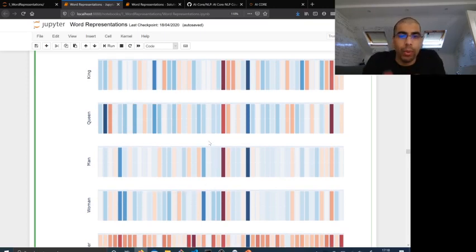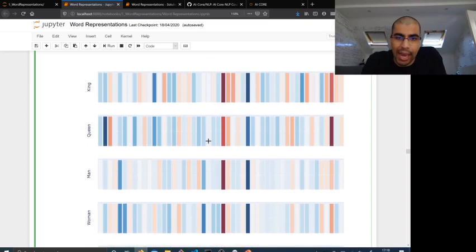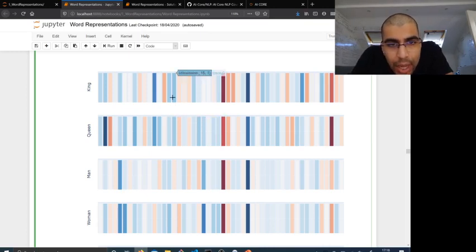We know what they represent, but we're looking here to see how the computer knows what they represent. So let's see if we find anything which is common between king and queen, but not in man and woman. Okay, so here, dimension 15, we see that these vectors are quite similar to each other. So maybe this is some form of encoding of royalty.